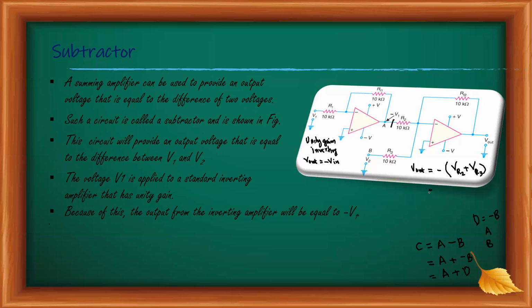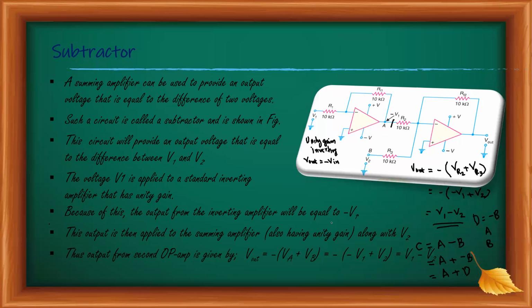The output voltage V out is equal to minus of (minus V1 plus V2), that is equal to V1 minus V2.